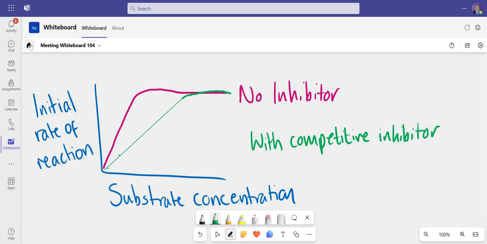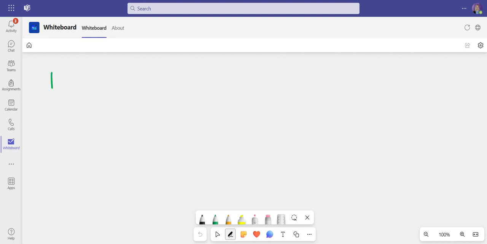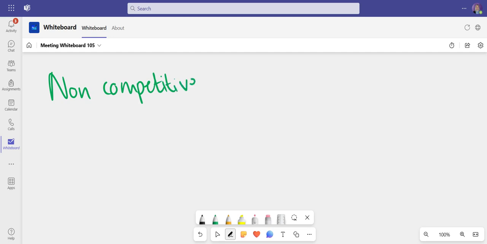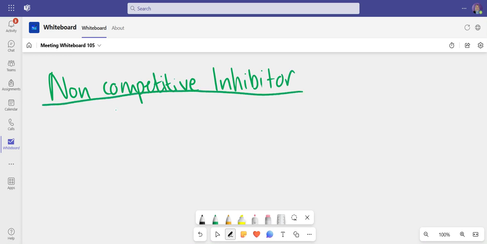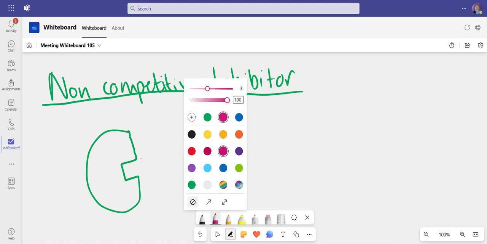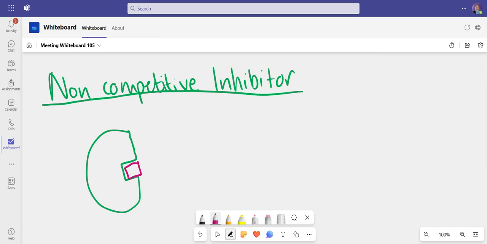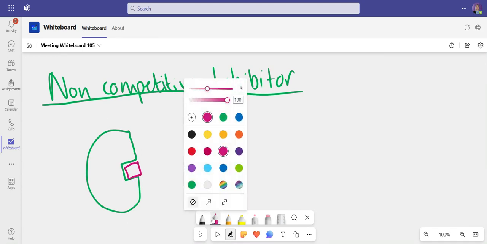The second type of inhibitor that we've got is called a non-competitive inhibitor. So this one, as the name suggests, is not competing for the active site. Okay, it does not compete for the active site. So if this is our enzyme, and this is where our substrate binds in the active site, in this one we've actually got a slightly different setup.